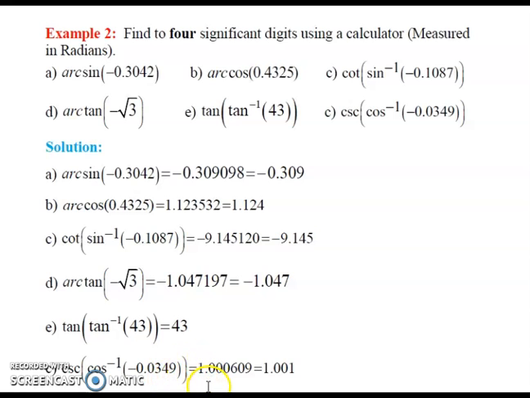This value is equal to 1.000609. We consider 4 significant digits. We can write 1.001. In these examples, to measure the angles of inverse trigonometric functions, we consider radians only.